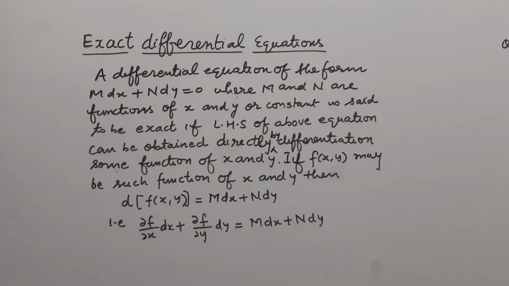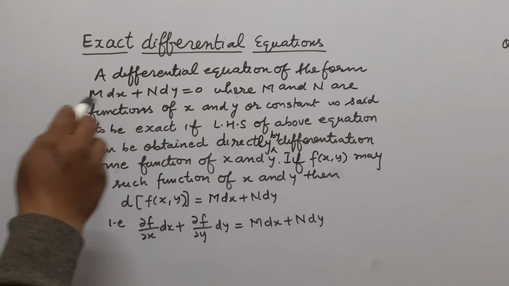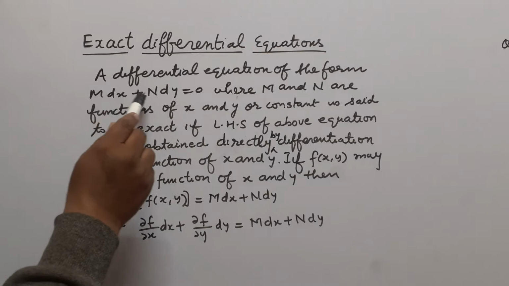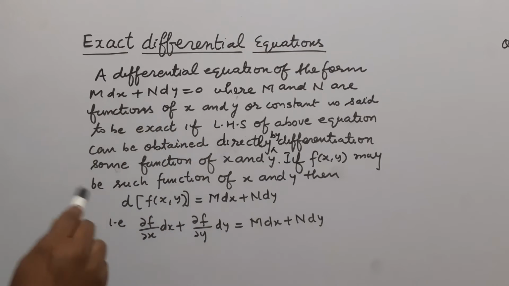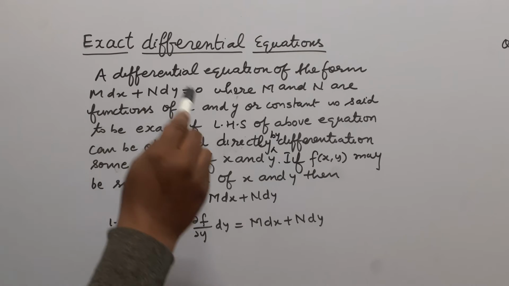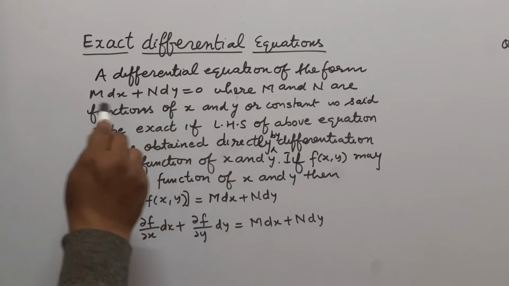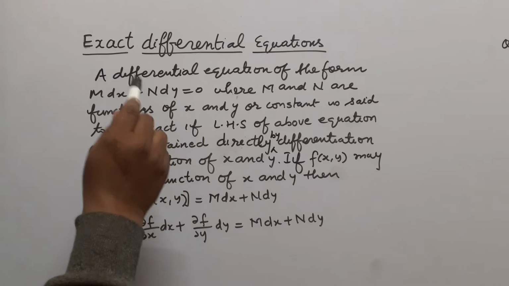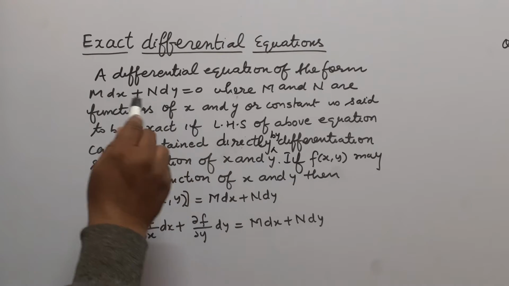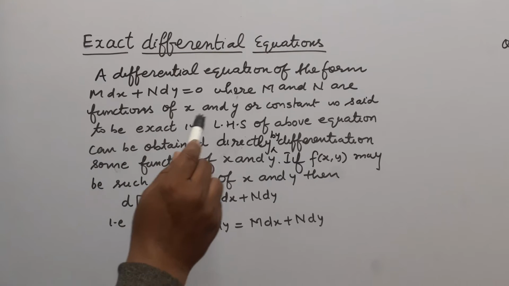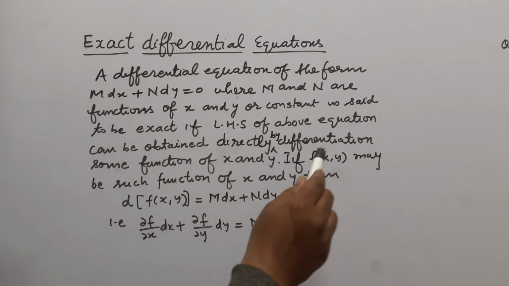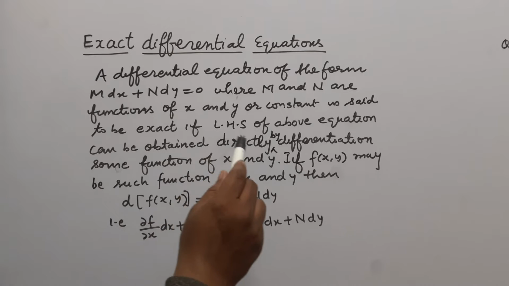Here we know that if a differential equation of the form M dx plus N dy is equal to 0, where M and N are functions of x and y or constant, then this equation is said to be exact if the left hand side of this equation can be obtained directly by differentiating some function of x and y.